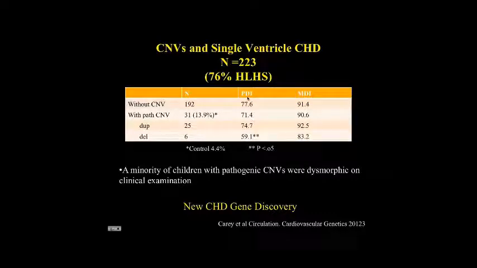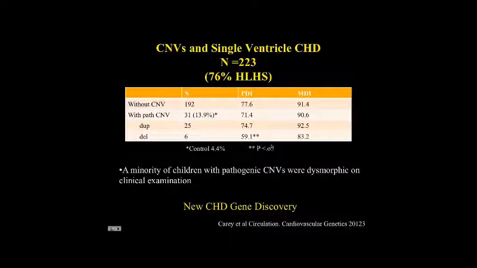So from the standpoint of being able to give couples in which there's an ultrasound finding additional incremental information, the ability to get more detailed resolution of the genome becomes very, very important. Interestingly, the vast majority of the children that had the copy number variants associated with the single ventricle had no dysmorphic features.